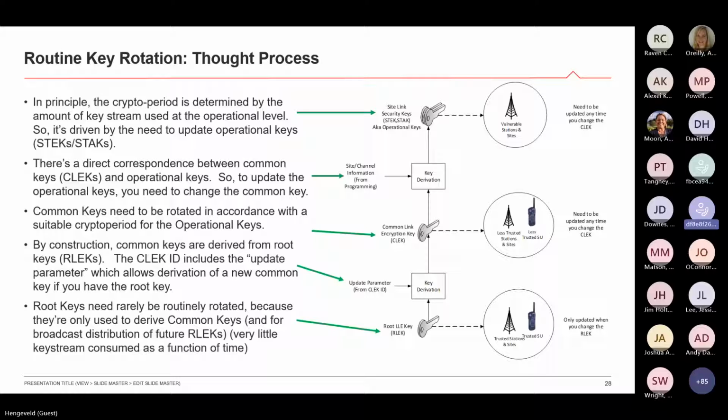We've created methods that are very efficient for routine rotation, pretty efficient for compromise, and really hidden for initial provisioning. So we've got a collection of key management techniques that were designed to efficiently make use of the air interface and not provide a huge administrative burden.